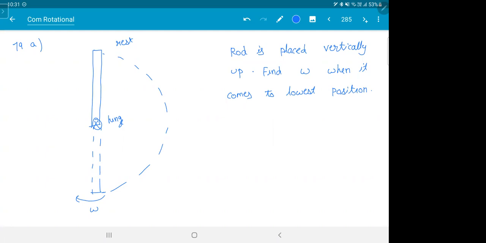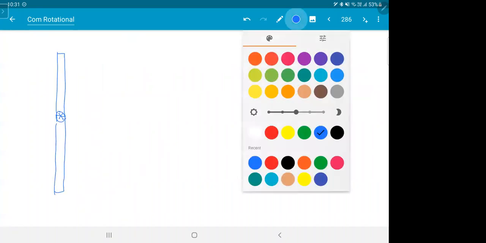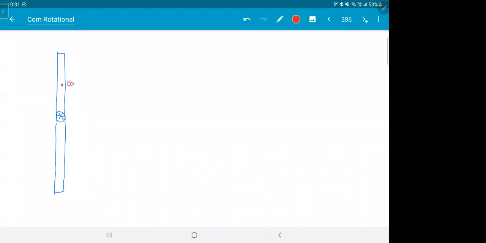Let's see. So here it is the hinge. Finally, it becomes like this. So where is the center of mass? Here. Where is the final center of mass? Here. Basically, it has gone in a circle like this. So what is this distance? L by 2, L by 2.